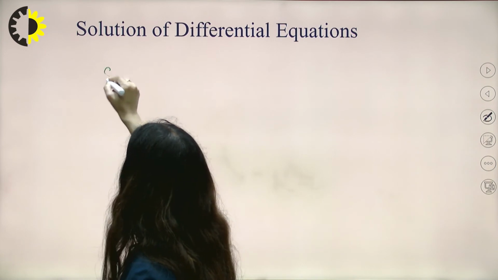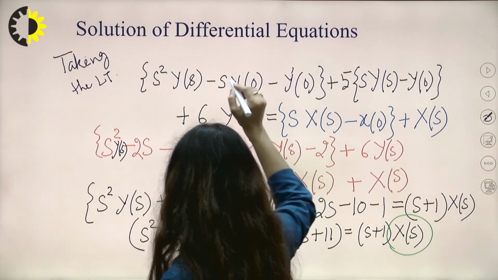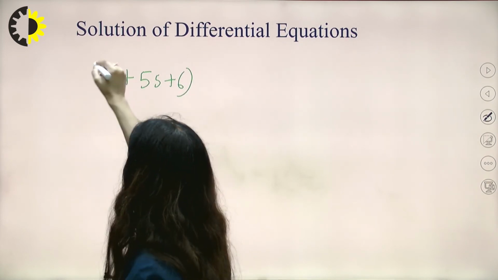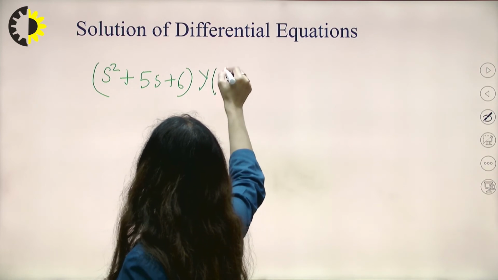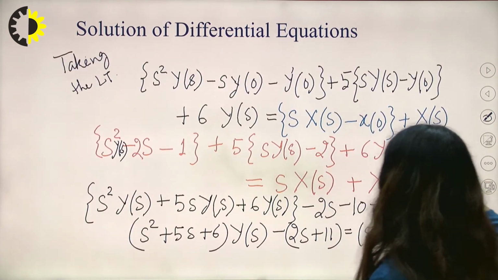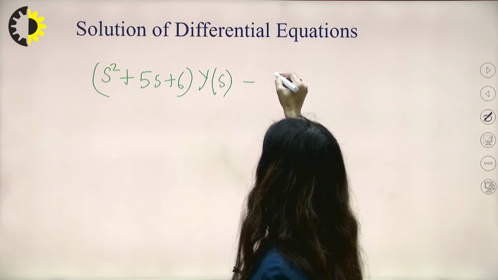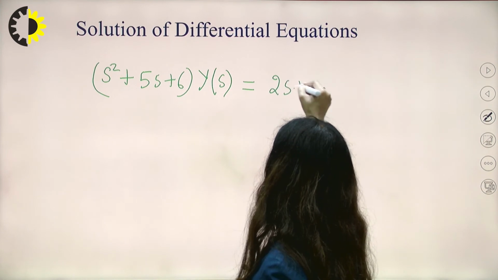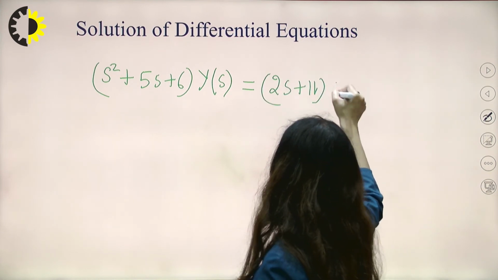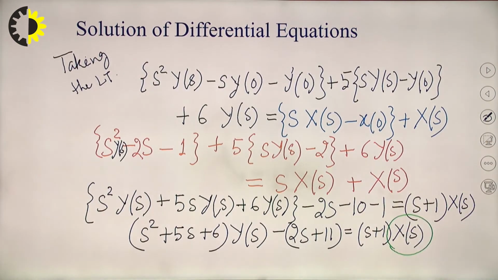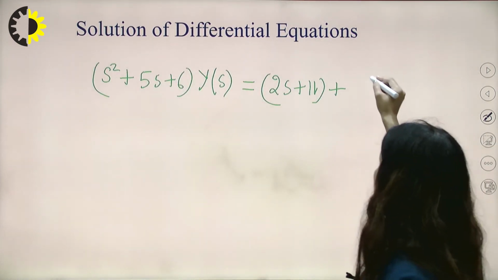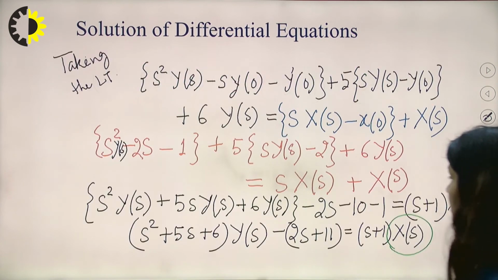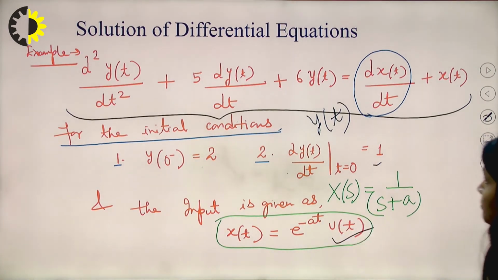Solving the equation further, (s² + 5s + 6) Y(s) equals (2s + 11), and taking the term to the right-hand side, plus (s + 1) upon (s + a).